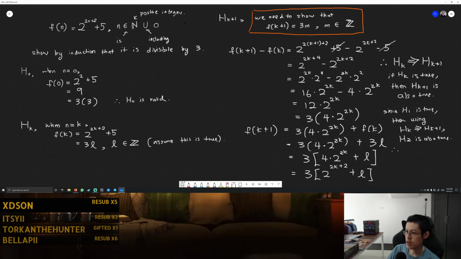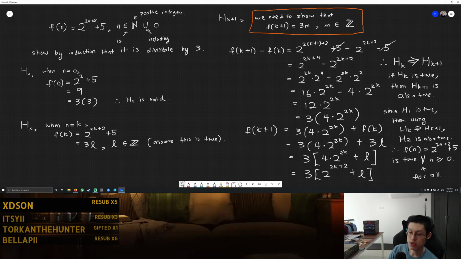Therefore, f(n) equals 2 to the n plus 2 plus 5 is true for all n greater than or equal to 0. This symbol means for all. Okay, so that's how you prove this by induction.